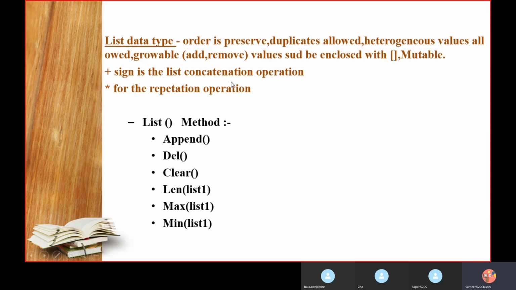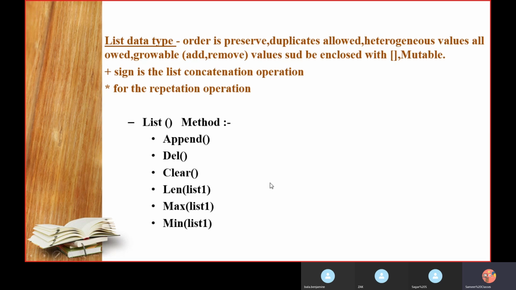If you want to add them, you can use the plus symbol. I'll show you an example in the program, no need to worry. If I write list1 plus list2 and store it in list3, then list3 will contain the elements of list1 as well as list2.